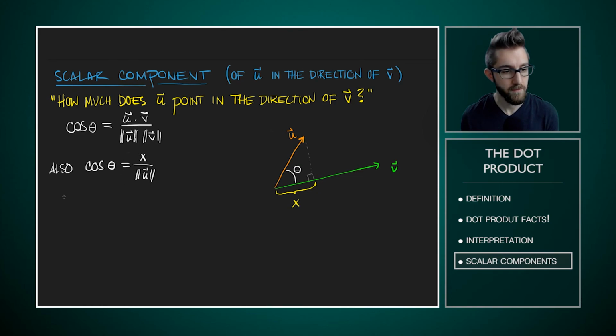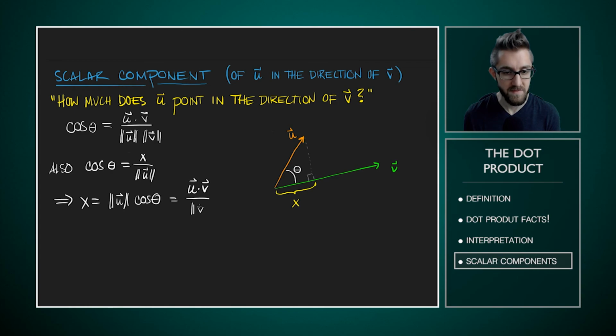From the second one, we get x is the magnitude of u times the cosine of theta. And plugging this cosine of theta into here, we get u dot v on top. And then this magnitude of u in the denominator cancels with this magnitude of u here. And so we're just left with u dot v over the magnitude of v.